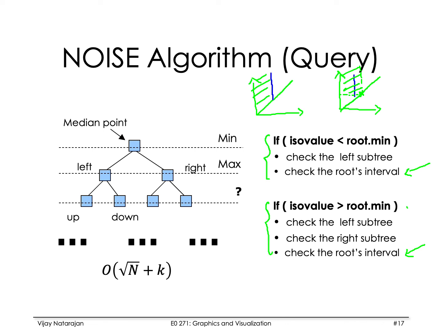The second case, I would like you to look at more carefully. One can show that if you skip one level, so of course in this level you are looking at both the left and right subtree, but if you go to the next level, you look only at 2 out of the 4 subtrees recursively.